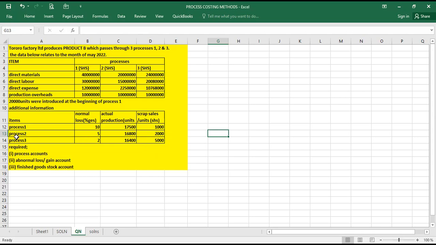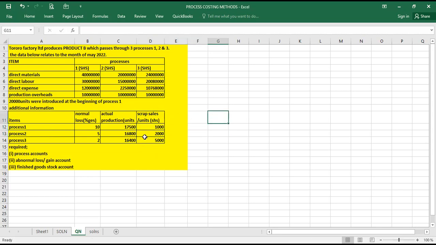We said that if you have the wastages, if you have the scrap values, we expect that we can realize them, or we can get something out of them. And here we are seeing that it is 1,000 in process 1.